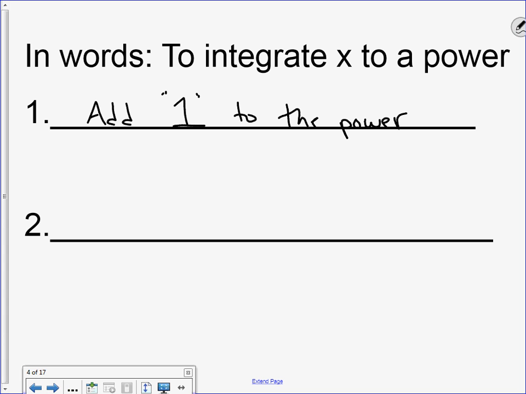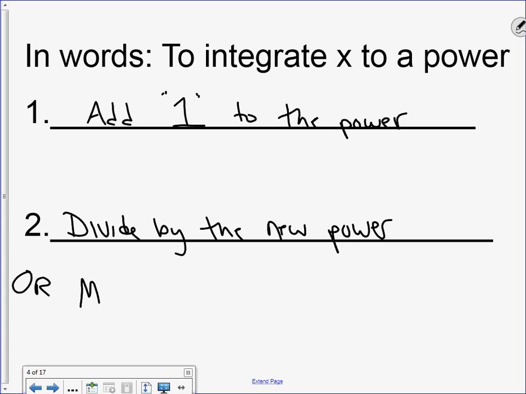Some people like to multiply, some people like to divide. So then you're either going to divide by the new power, or you can multiply by the reciprocal of the new power. Dividing by a number or multiplying by the reciprocal, that's the same thing.